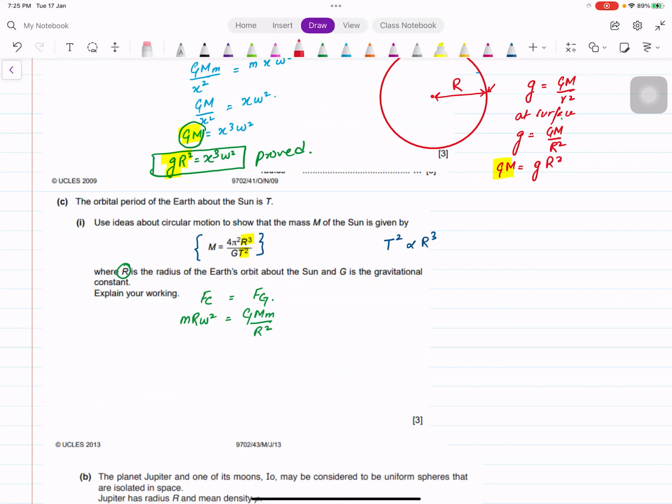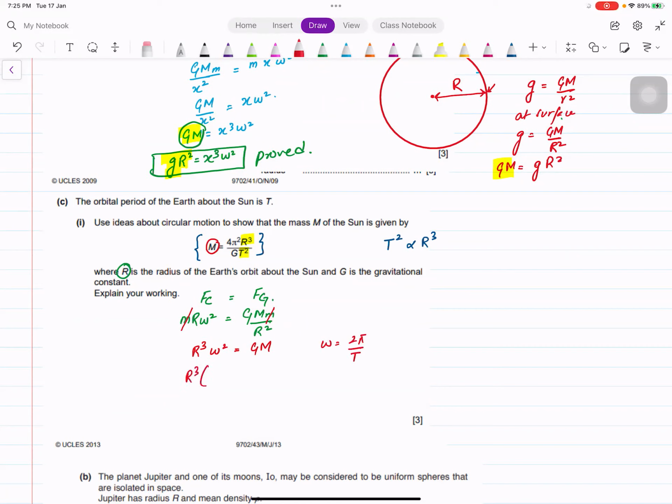I'm going to cancel out this one, and this one. So what I get is R cubed omega squared equals GM. Now, what do I need? I need M to be the subject, and there is an omega. So I know omega is 2 pi over T.